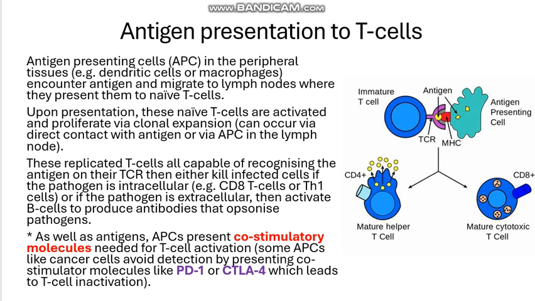So you can imagine a cancer cell presenting antigen: if a cytotoxic T cell recognizes that a cell is a cancer cell, it's going to want to kill it, but the cancer cells don't want to be killed, so these cancer cells get around that by producing their own co-stimulatory molecules, like PD-1 or CTLA-4, which lead to T cell inactivation, so the cancer cells are able to avoid being wiped out by this antigen presentation to T cell process.